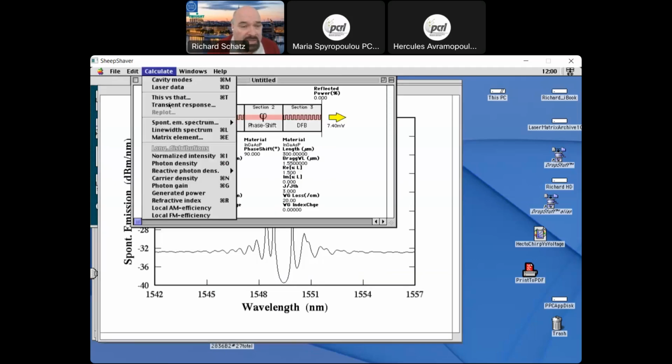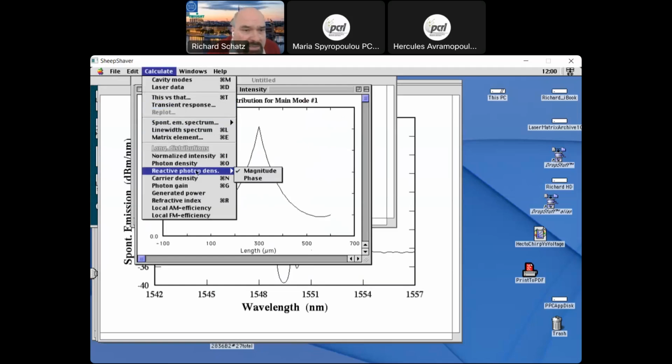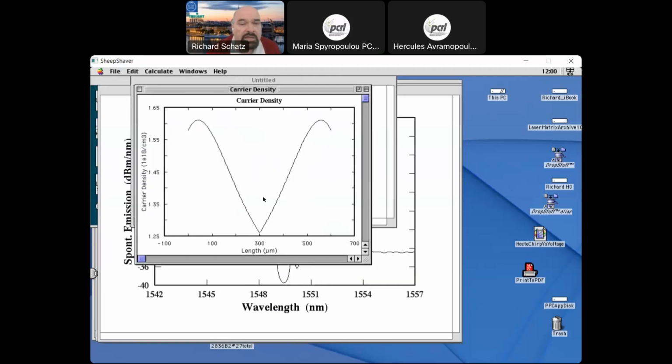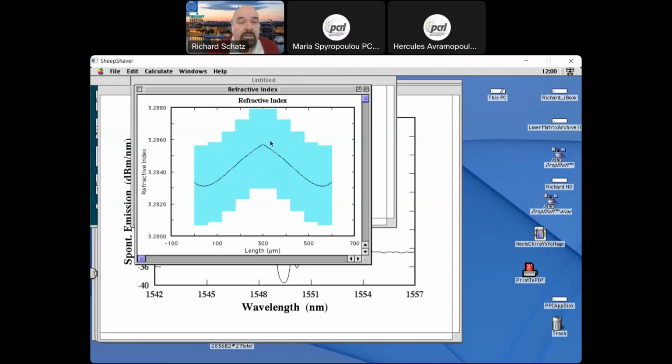So inside the laser, if you look at the intensity distribution in the laser, as I said, you have a very peaked intensity distribution in the middle of the laser here. It will give then a carrier density distribution, which has a dip here in the middle. And where the carrier density is low here, the refractive index, if you look at the refractive index distribution, it will be higher here.